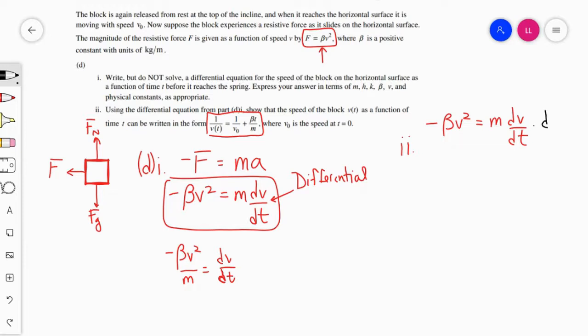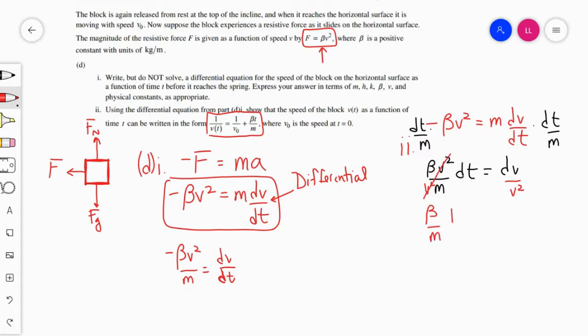So I'm going to multiply this by dt over m, so it's going to be beta v squared over m dt equals dv. And now I'm going to divide both sides by v squared. It's going to cancel there and pop up over here. And so I'm going to get beta over m dt equals 1 over v squared dv.